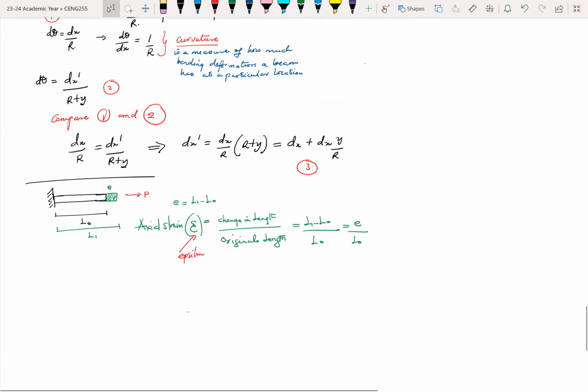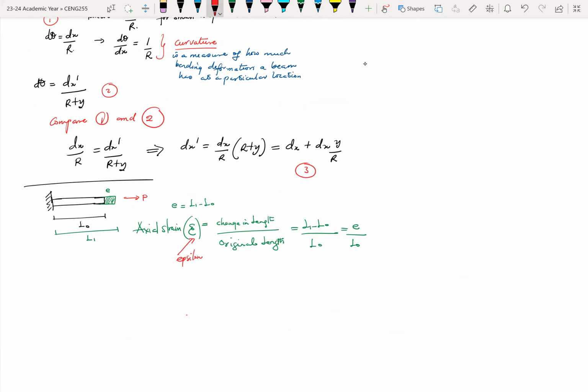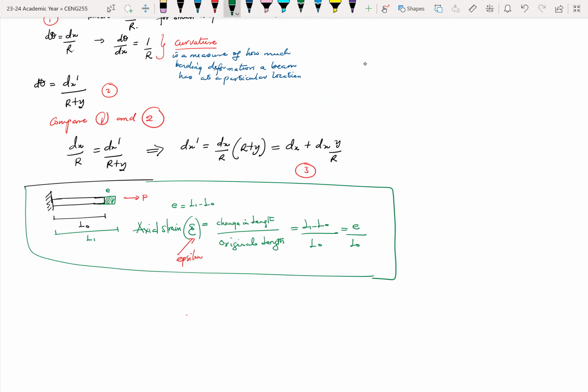So using the same idea, this is just an aside. You will do this a bit deeper in strength of materials, so you should be fine by the time you finish going through it.